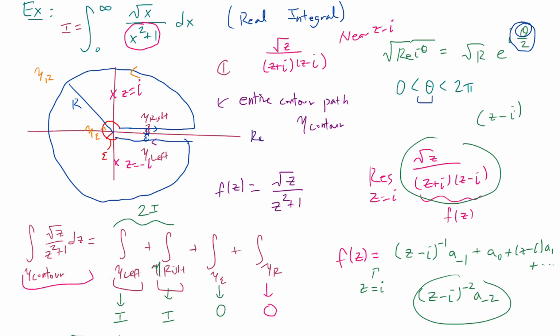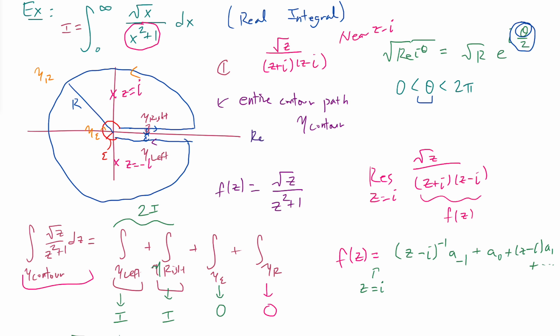If we had a term like this, then when I multiply our function by z minus i, I'd still have z minus i to the minus first power, and that's going to make this function blow up when z approaches i. But when I multiply by z minus i, this function is well behaved at z equals i, it's well defined. So we don't have that behavior, so we don't have a minus 2 or more negative terms.